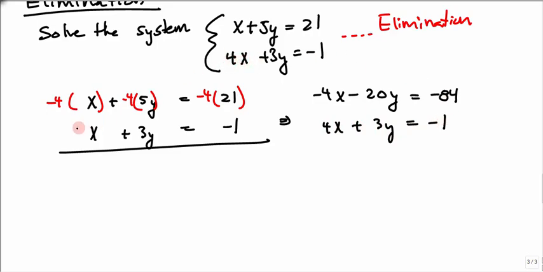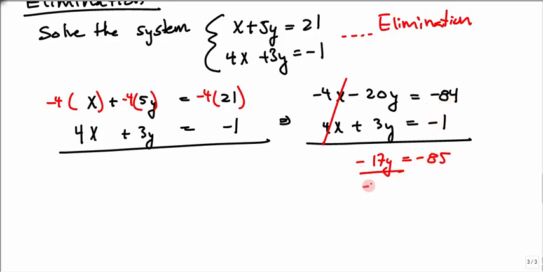Oh, okay, so I forgot to write the 4 down right here. The 4 was originally up here, I just forgot to copy it down. Now when we add these together, these cancel, and I'm left with negative 20y plus 3y, which is negative 17y, equals negative 84 minus 1, which is negative 85. To solve, I divide both sides by negative 17, and I end up with y equals 5.